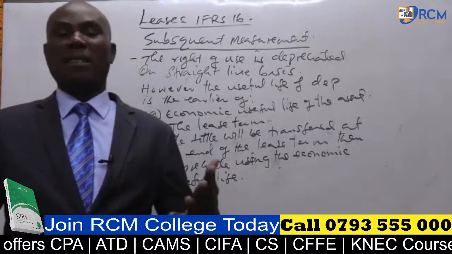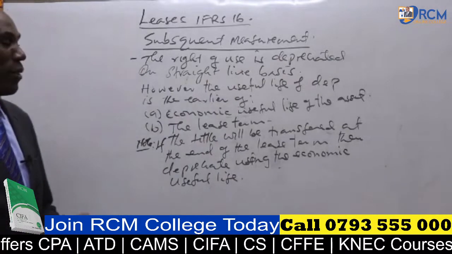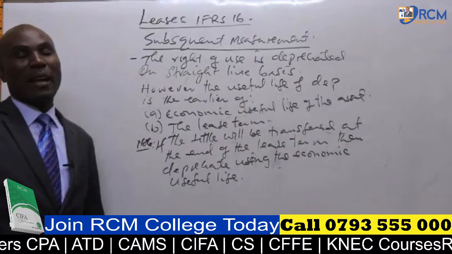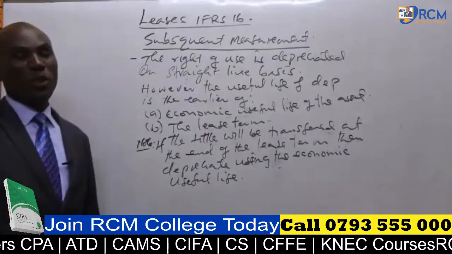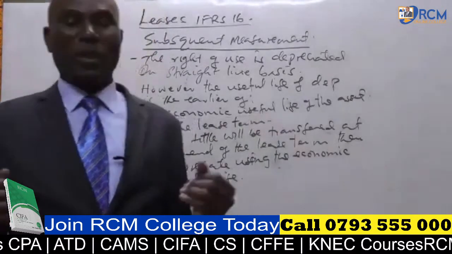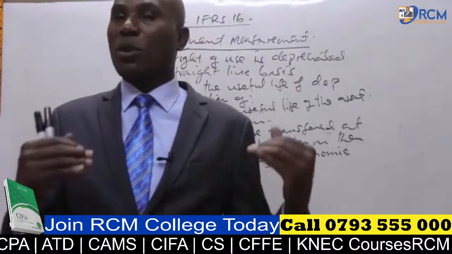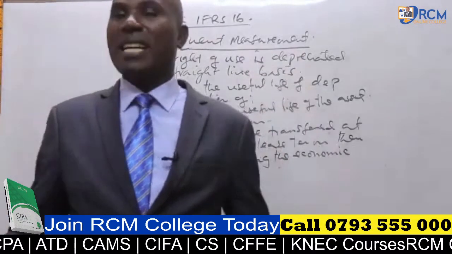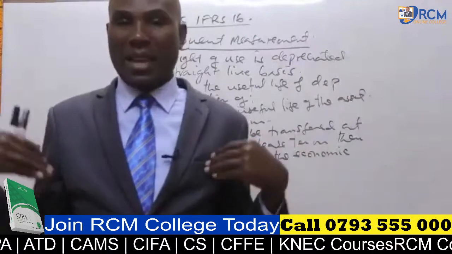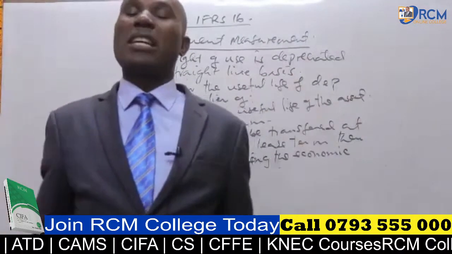Now, what do I mean when I say if the title will be transferred at the end of the lease term, then depreciate using the economic useful life? For example, we agree that I'm taking the asset for 10 years on a lease. But after 10 years, I will purchase the asset to be mine. I will buy that asset. Therefore, the title will be transferred to me.